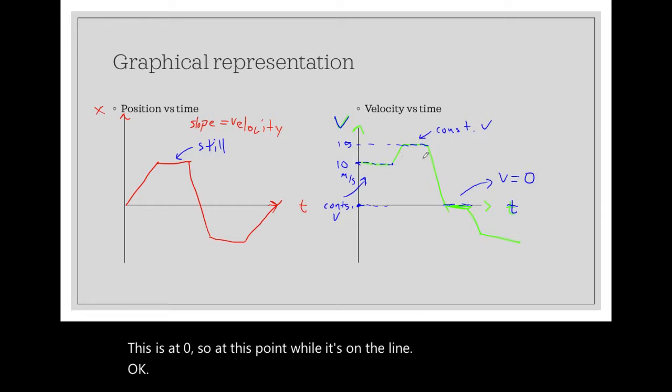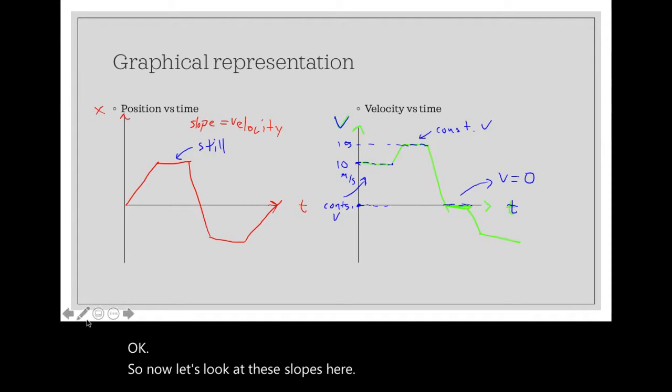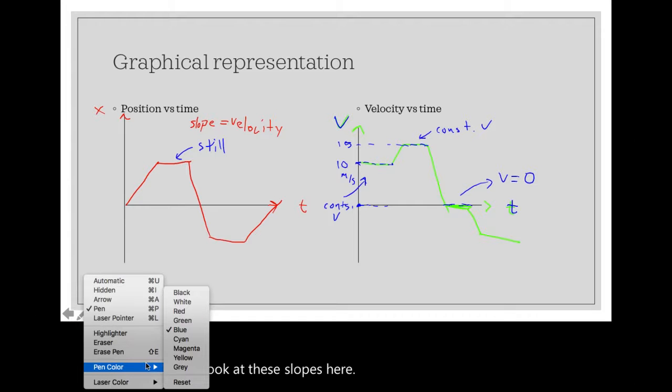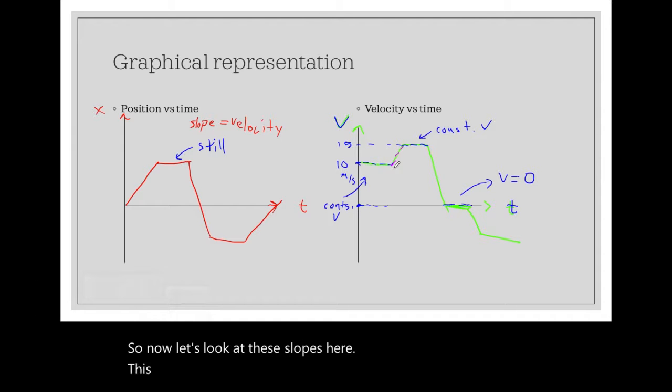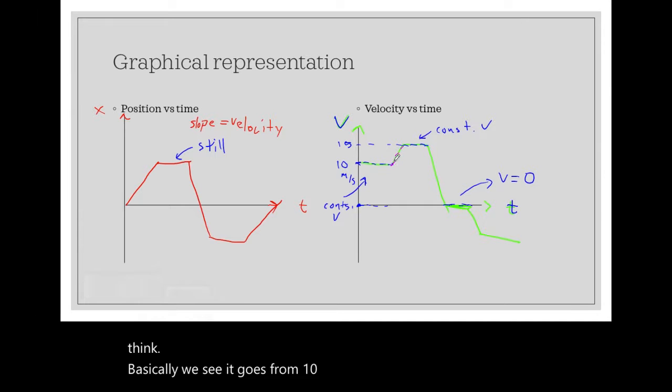Okay. So now let's look at these slopes here. For this part here, this positive slope, we see it goes from 10 meters per second up to 15 meters per second.